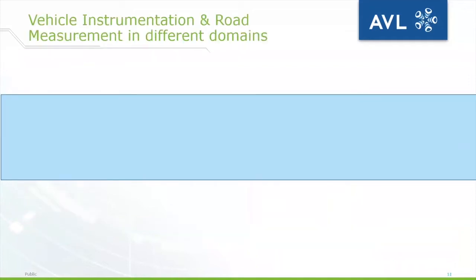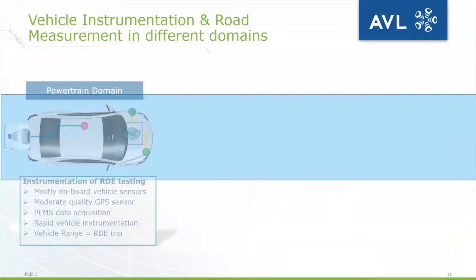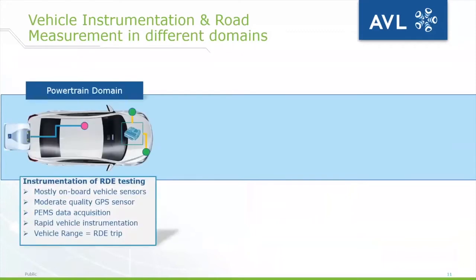Nice. But another question I have is how currently the car manufacturers are instrumenting their vehicles for collecting this road measurement data? Well, this is a very good question. Actually, there are different techniques depending on the interested subject. Let's take, for example, the powertrain domain. In the powertrain domain, the instrumentation is mainly focusing on the emission measurements with PEM systems.